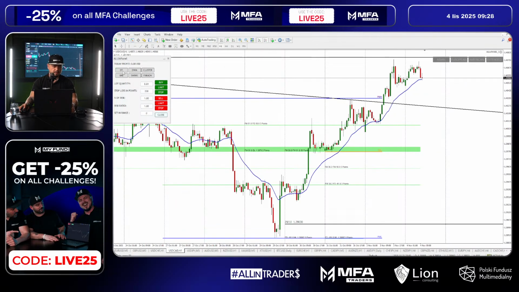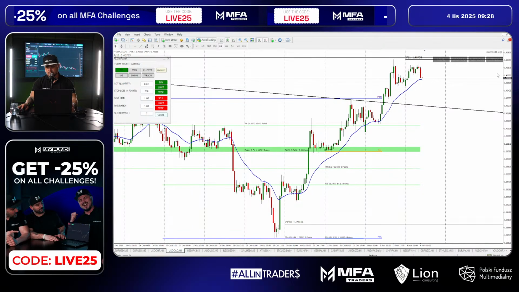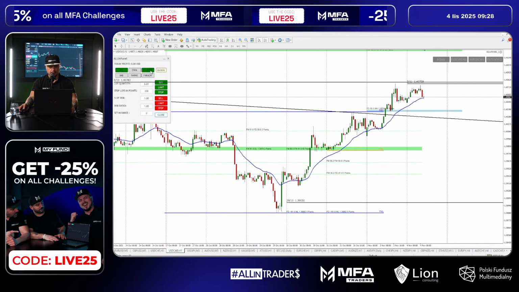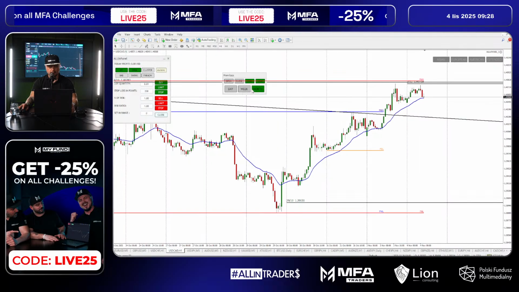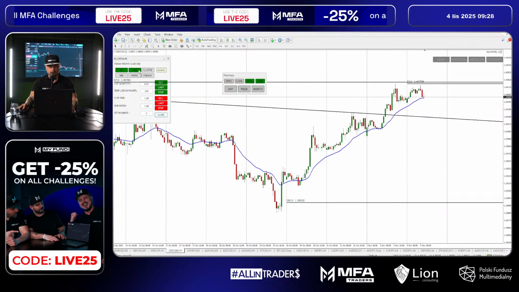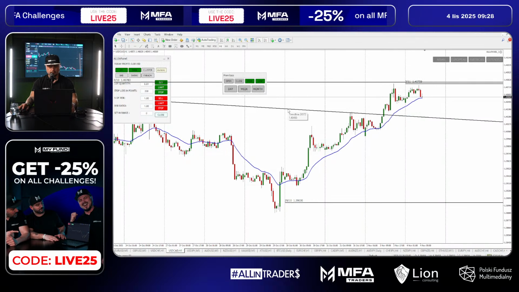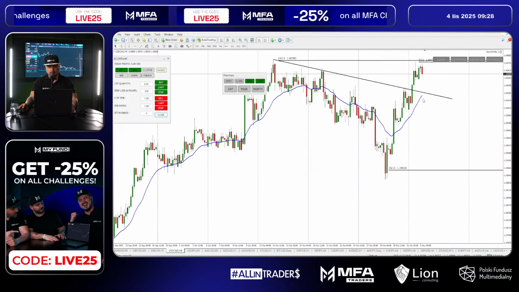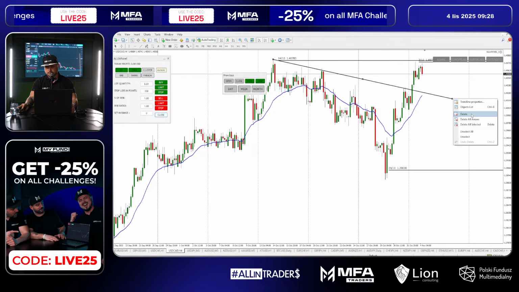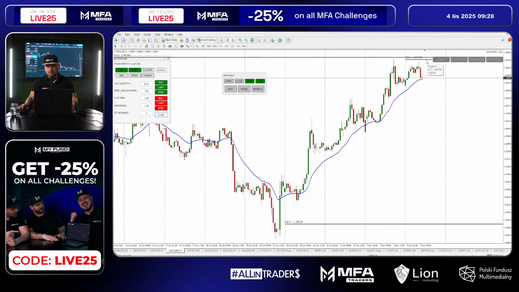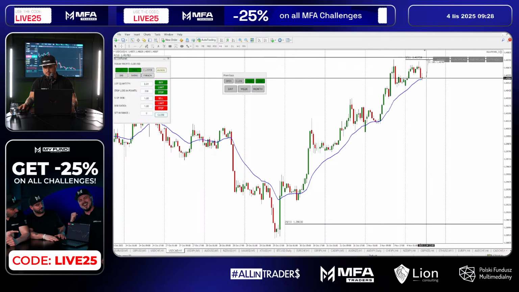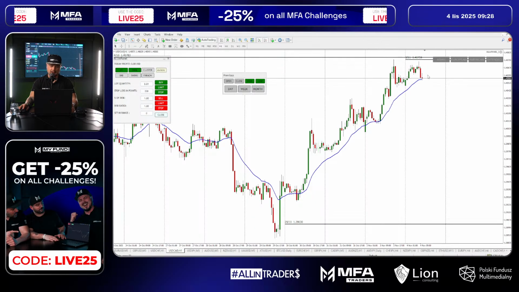USD CAD. Let's check for the targets. Okay, we got the targets. Let me just remove it. Okay, and previous day high low. We got a target from yesterday, which is around 18 pips away.